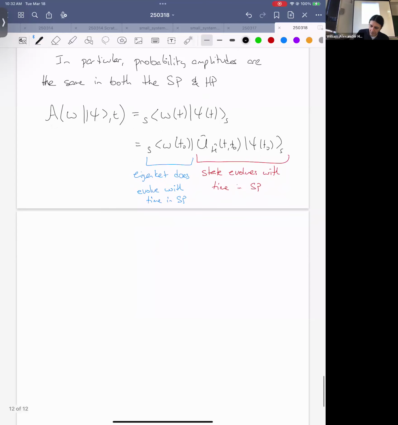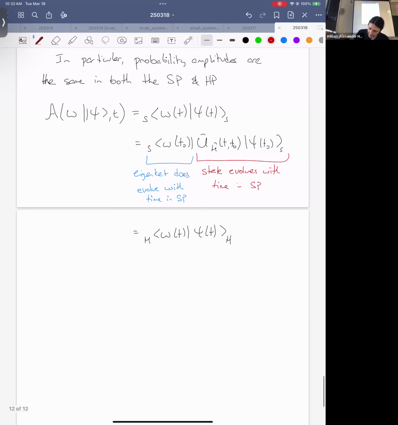But I could equivalently think about this time evolution operator acting to the left on the eigenket, leaving the state alone. So this is equal to the Heisenberg picture omega at time t, and then psi at t in the Heisenberg picture, where now the state has not evolved in time in the Heisenberg picture.